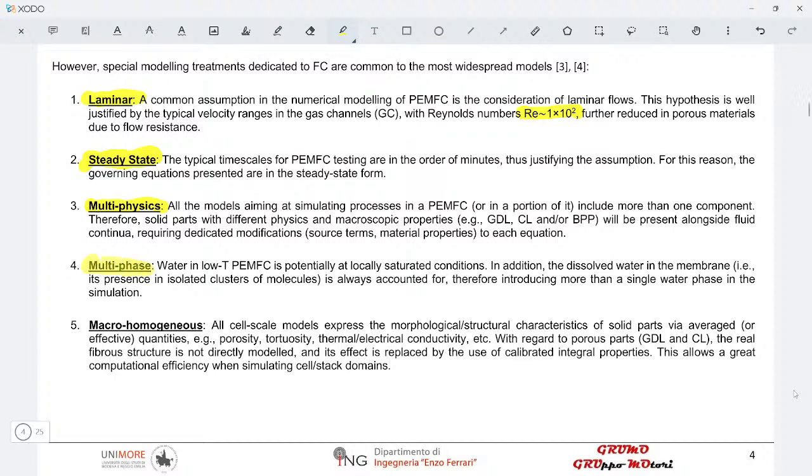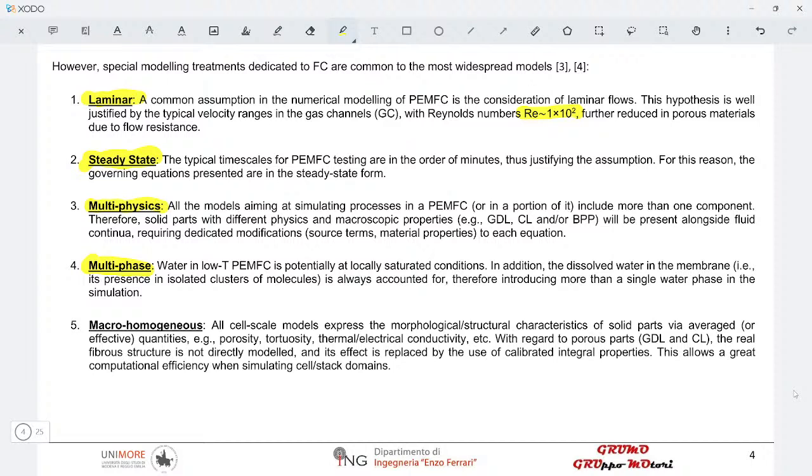Multiphase, again, we already introduced this. Especially for low temperature fuel cells, we will always have to consider the presence of some liquid. As you might know, we will talk about this at the end. Multiphase modeling has an extremely wide range of applications using CFD, because you might have multiphase issues in so many different industrial processes, in the food and beverage industry, in the oil and gas industry.